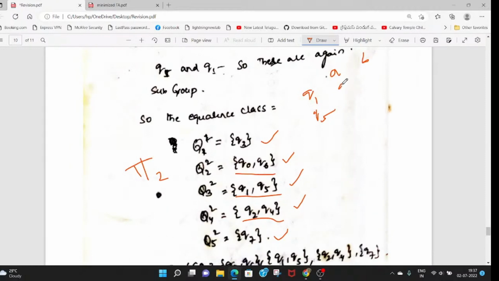So it is Q0, Q2 and this is Q6, Q4. Now you are finding that these two, Q0, Q6, will be in the same set and these two, Q2, Q4, will be in the same set. So at the next level also Q1, Q5 will be in the same set.